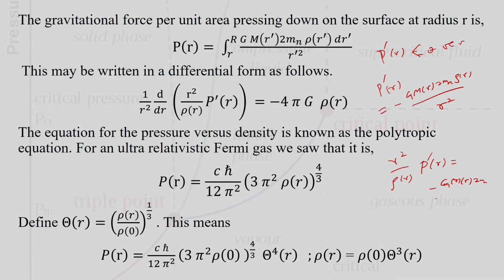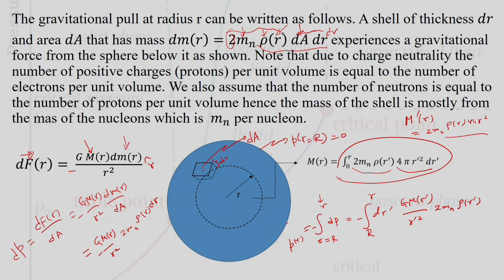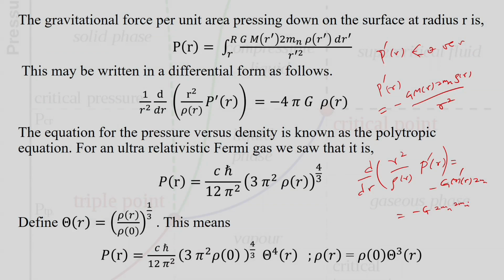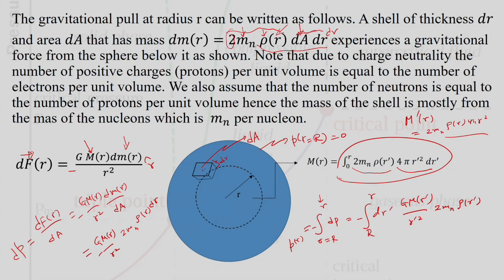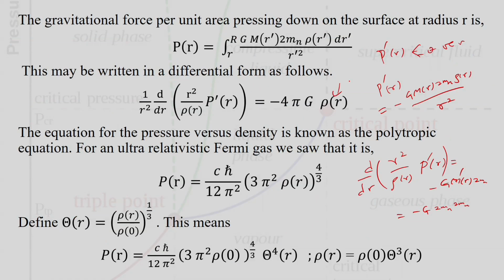Then I can take d by dr of this, which is going to be minus G 2 m_n M'(r). What is M'(r)? It is again 2 m_n rho 4 pi r squared. So, to cut a long story short, it is going to be this.